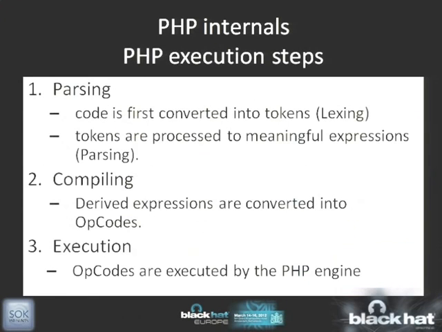When the parser is not ignoring things, what does it do? It's the same with all interpreted code. First, the code is parsed, then it's compiled into opcodes, and then these opcodes are executed by the PHP engine.